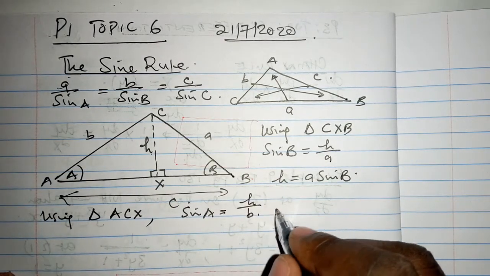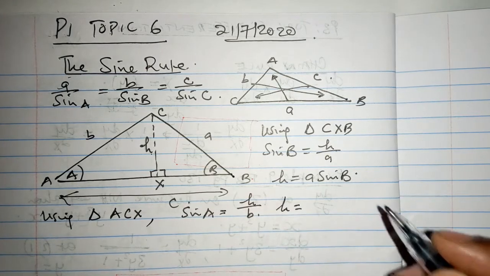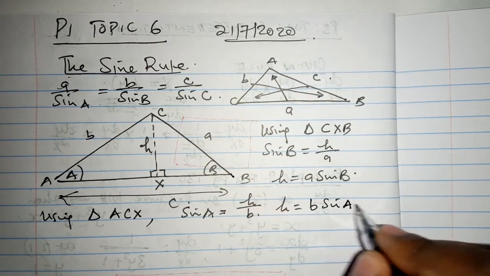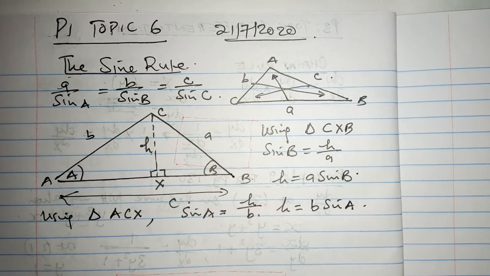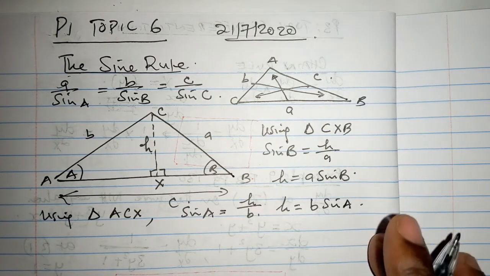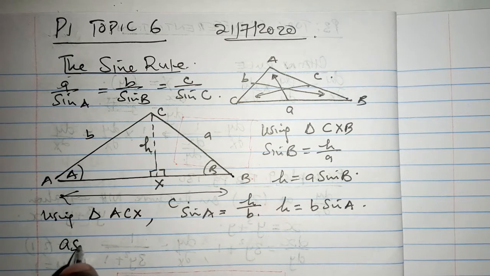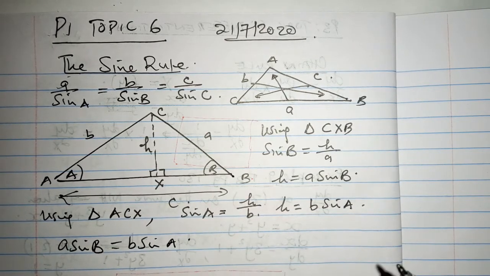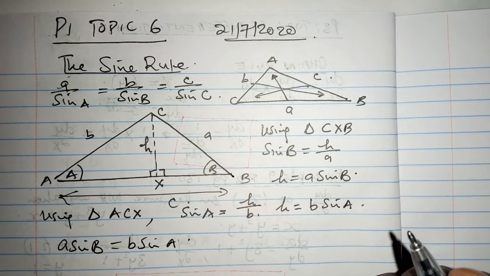And from here, you can make still h the subject of the formula and say it is b sine A. And from this, you could easily find that a sine B equals b sine A. Fine.